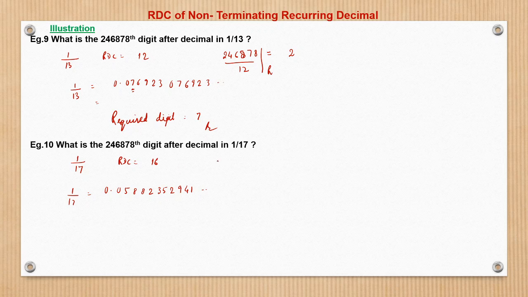When we take 24678 upon 16, let us see what the remainder would be. Why 16? Because 16 is the cyclicity. 16 1s are 16, leaving 8; 16 5s are 80, leaving 6; 16 4s are 64, leaving 4.